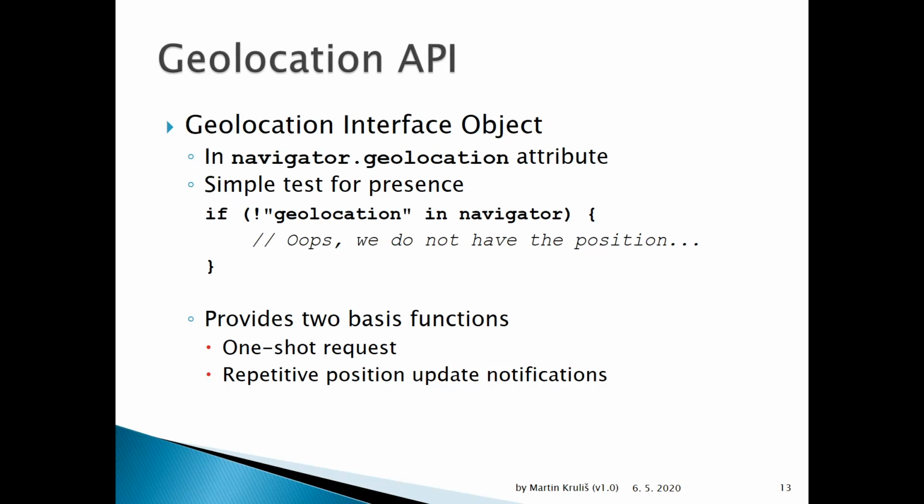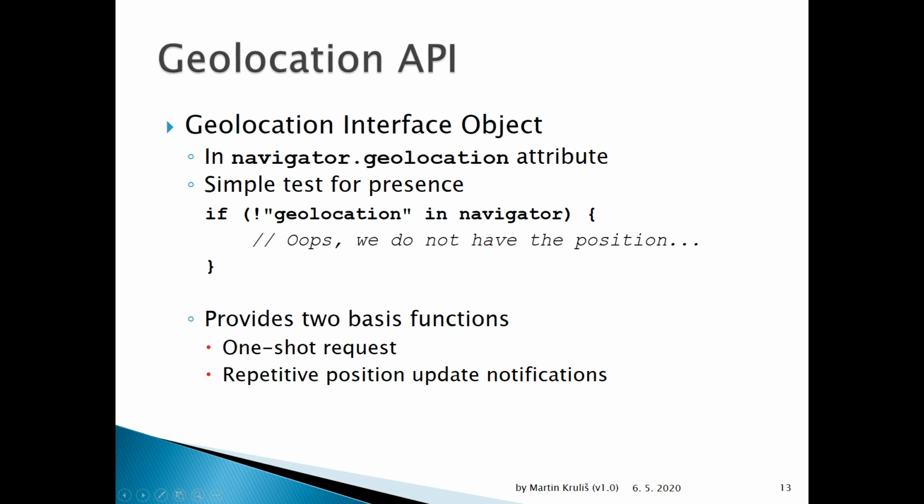The geolocation interface is hidden in the navigator.geolocation attribute. I will actually take this opportunity to present a good way to test for the presence of this API. Maybe I should have presented this earlier, because this actually goes for all the APIs. Remember, when we want to test whether some API is present, we always test for the functionality.